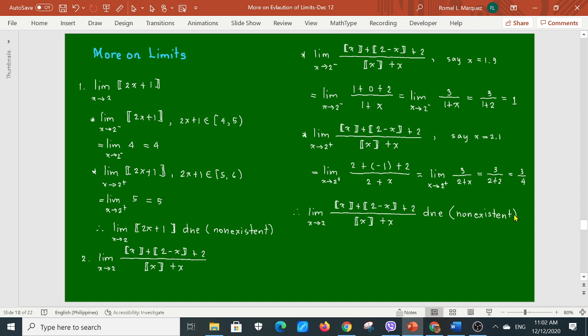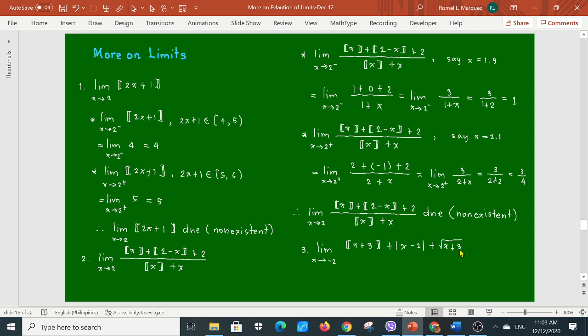Okay. So let's say I have this limit. Number 3. We have the limit as x approaches -2 of the greatest integer of x plus 3 plus the absolute value of x minus 2 plus the square root of, this is something different, no?